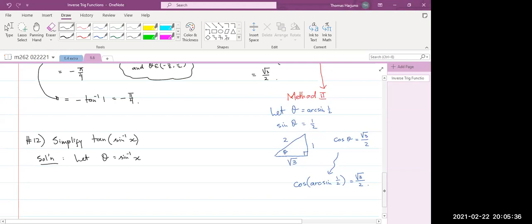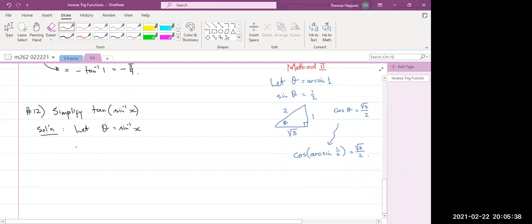And then you write, oh, then sine theta equals x, which is x over 1, right? You draw the triangle. If this is theta and this is a right angle, sine theta is x over 1. This is x, this is 1. Then by the Pythagorean theorem, this is square root of 1 minus x squared.